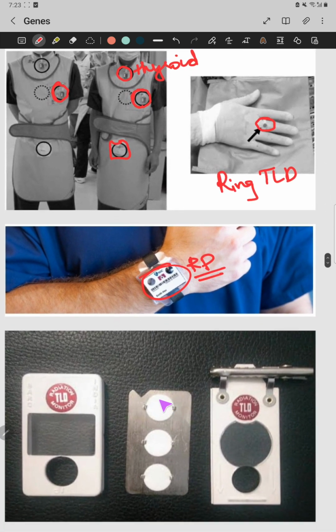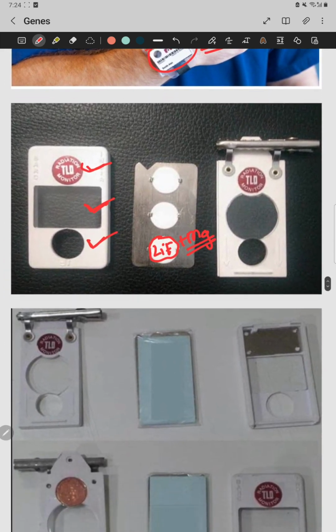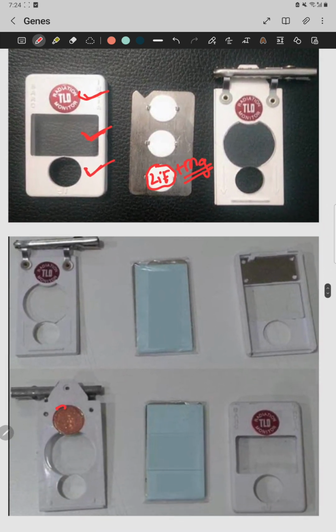Now these are the Teflon discs, which have the lithium fluoride with magnesium as the impurity. This is covered with the information, and there are three filters. You can see, this is the metallic filter, this is the plastic perspex, and this is the open window. Here you can see a copper color, so you can make out this is copper plus aluminum, Al plus Cu.